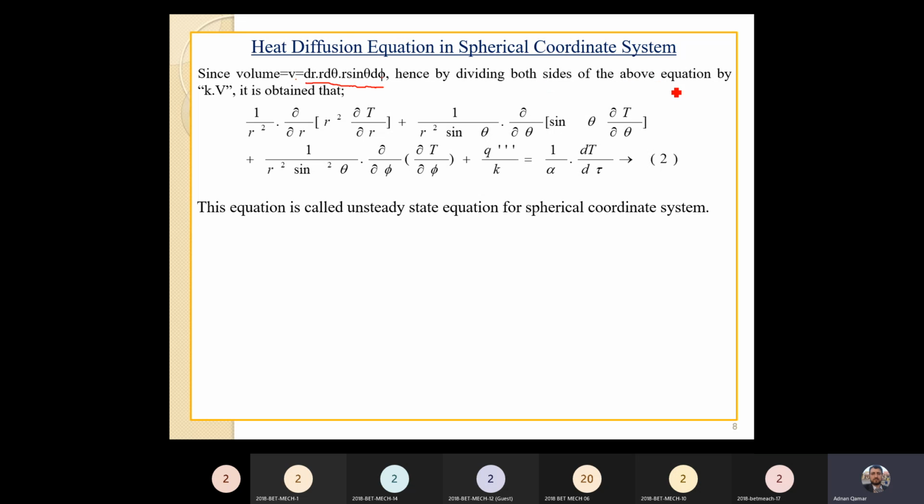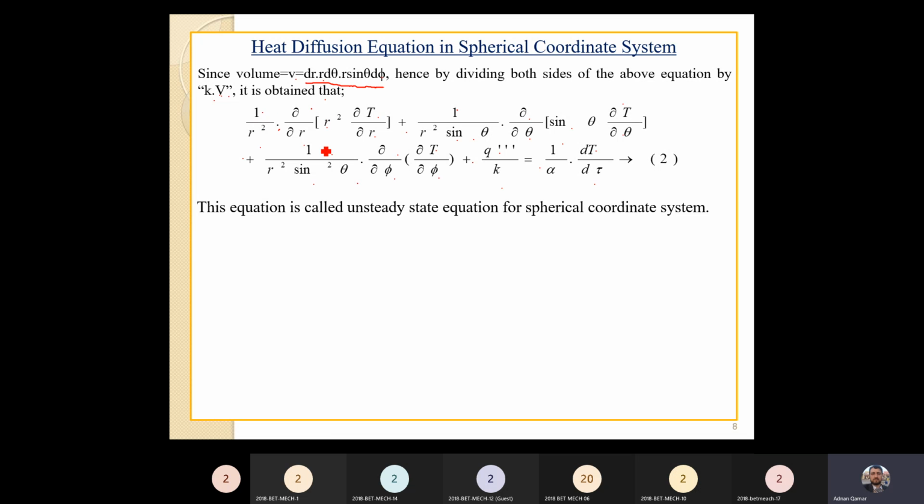Hence, by dividing both sides of the above equation by k into v, in place of v you will write basically this term. It is obtained that 1 over r square into partial over partial r of r square partial t over partial r, plus 1 over r square sin theta partial over partial theta of sin theta partial t over partial theta, plus 1 over r square sin square theta partial over partial phi of partial t over partial phi, plus q triple dash over k is equal to 1 over alpha, that is the thermal diffusivity, into partial t over partial tau.